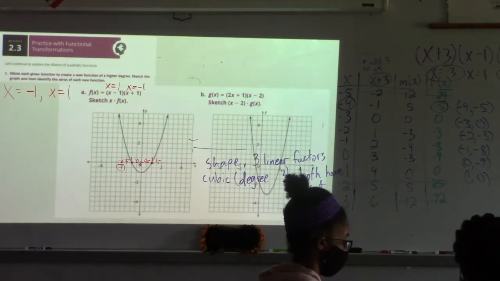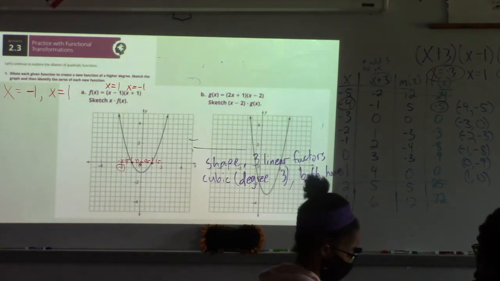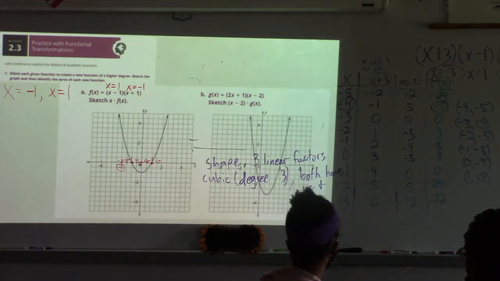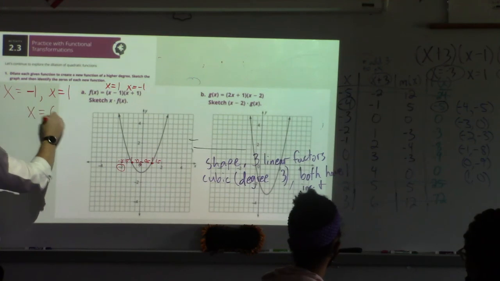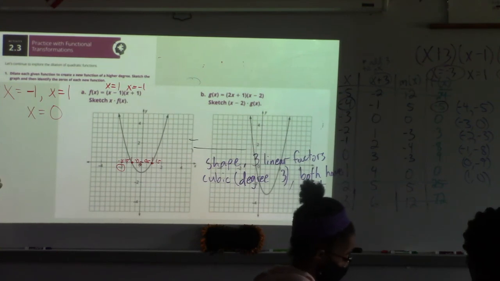But again, I'm going to ask an important question. Are those the only zeros that we're going to have? No. Does anyone know what the other zero would be? Remember, I'm dilating by a linear factor, so I should get another zero. How'd you get 0? Because if it's linear, it's going to go through the origin. Doesn't have to go through the origin. Maybe it's not x equals 0.